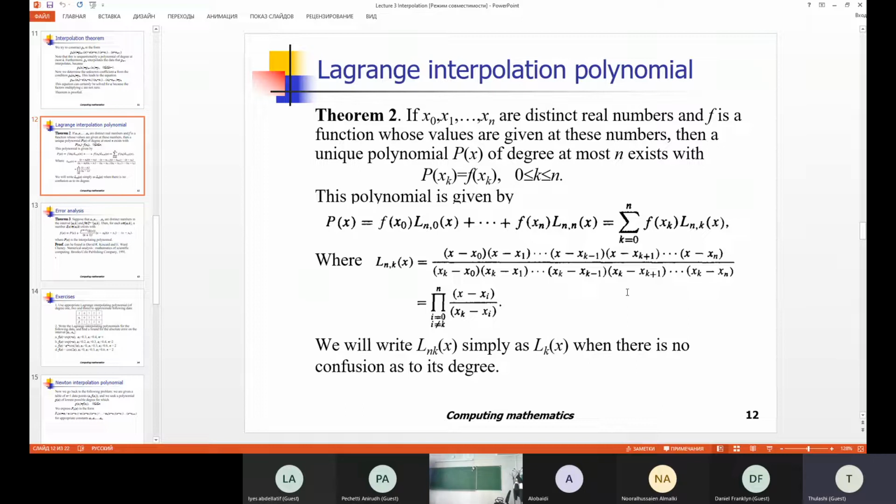What will be L0 of x0? You substitute x0 here, it's 1.